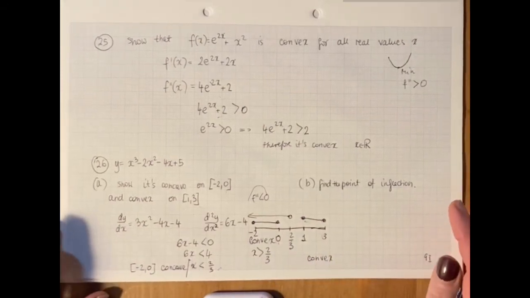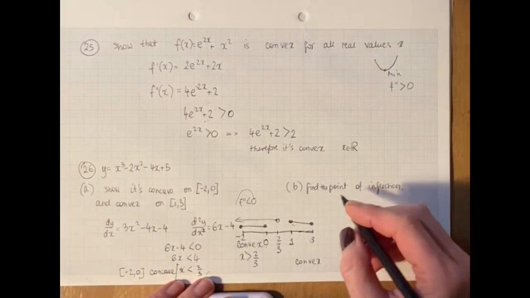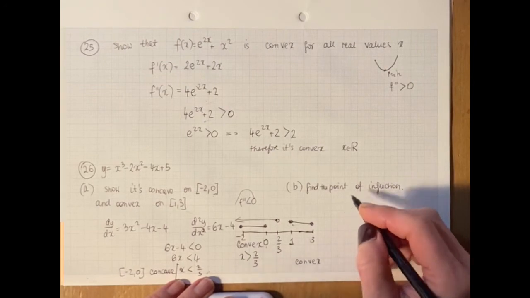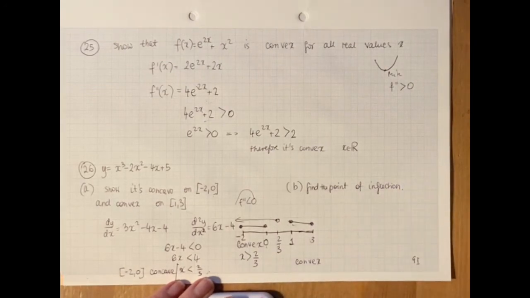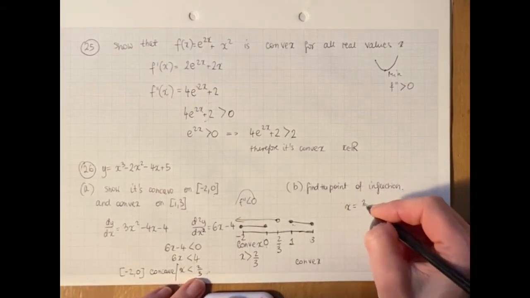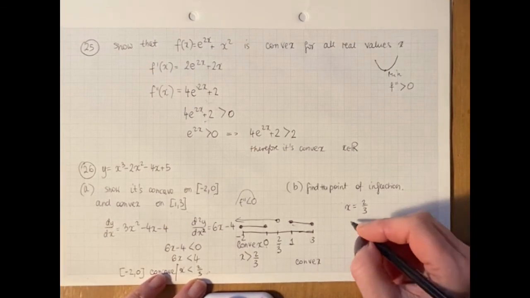That's a strange question. Okay, to find the point of inflection, we need to find when the second derivative changes its sign from positive to negative. You could see from before it happened for x equals 2/3. So all we need to do is find the corresponding y coordinate.